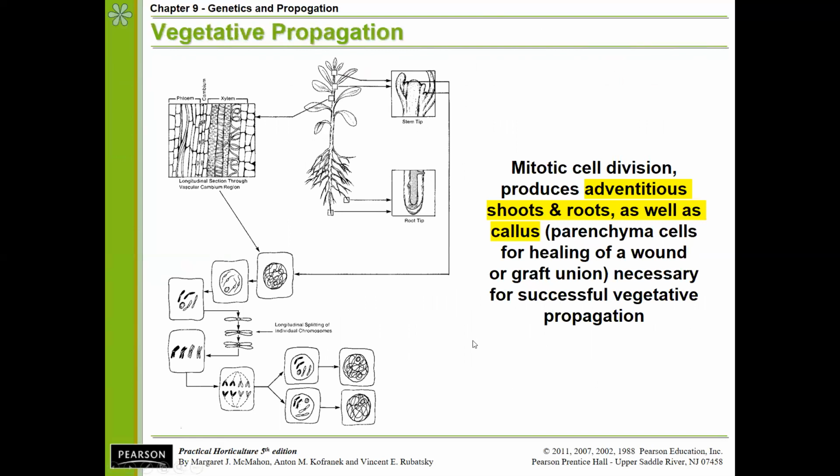Genetics stays the same. This cell division can produce adventitious shoots and roots, and often they need to produce a callus first in order to have successful asexual propagation.